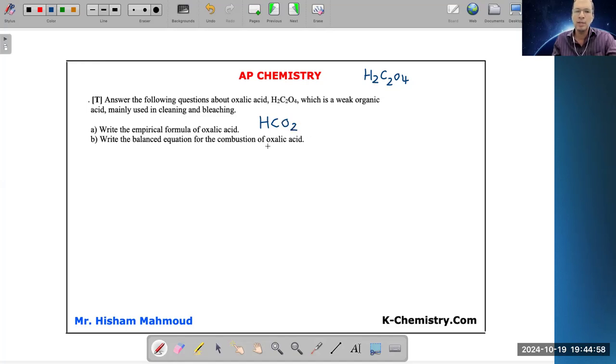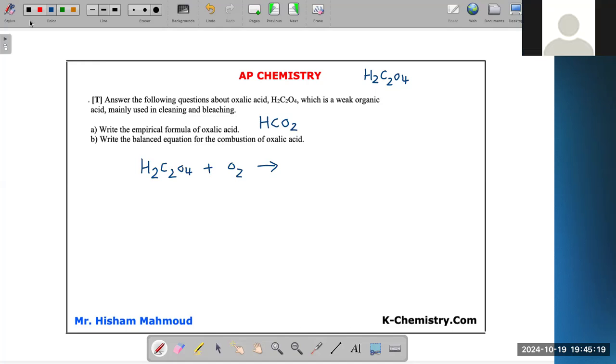And the balanced equation for the combustion of oxalic acid. How can we write the equation for combustion? If H2C2O4, I will react it with the oxygen, right? So I will react it with the oxygen to form, what are the products of combustion usually? Carbon dioxide, okay, and water.